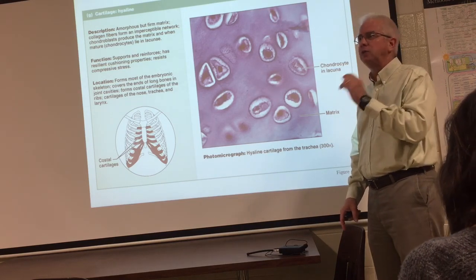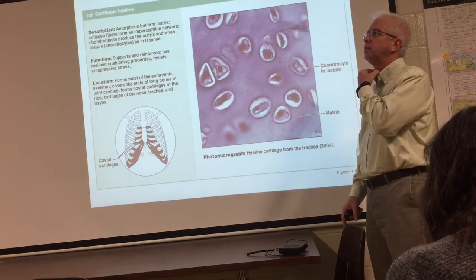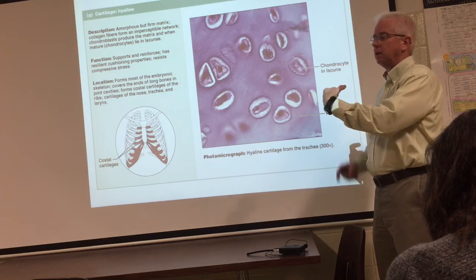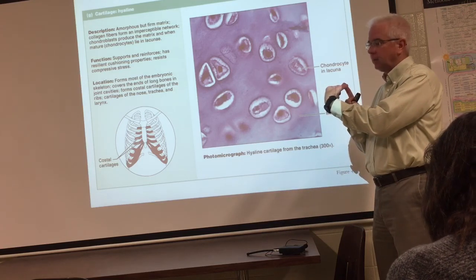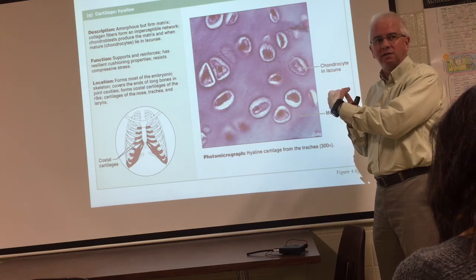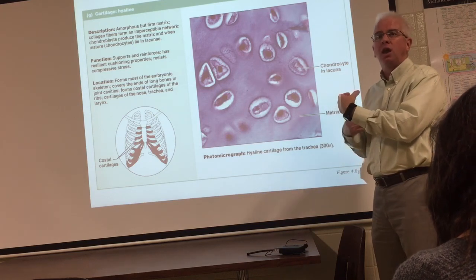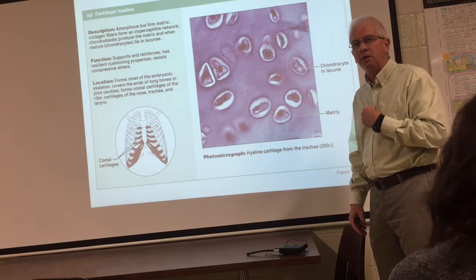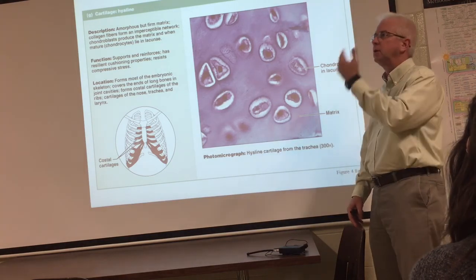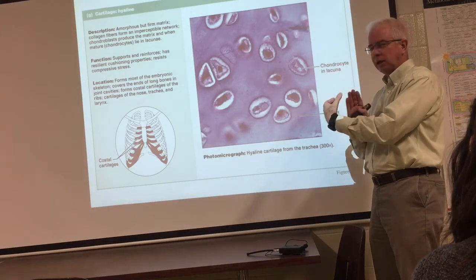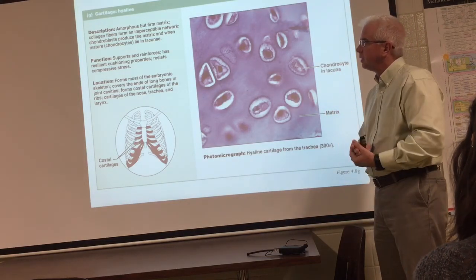If you're going down the trachea from the larynx, there will be 20 of these C-shaped rings. The C is open, right? And it's open in the posterior aspect because that's where your esophagus is. So when you swallow, the rigid nature of the trachea does not inhibit your ability to swallow. If something goes down the esophagus, it's got room in those C-shaped hyaline cartilage rings for you to swallow.